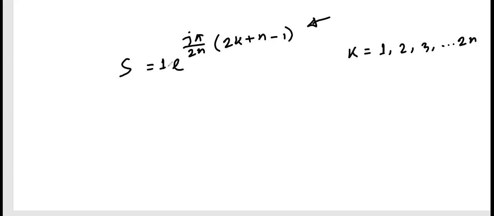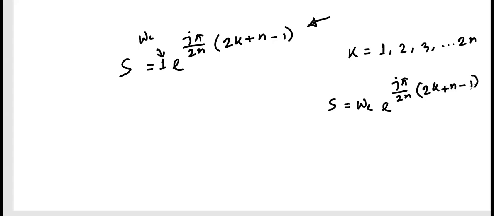The general equation can be found: s equals omega c, because the 1 should be replaced by omega c, e to the power j pi divided by twice n, (2k plus n minus 1). You need to understand that k is an integer value. If we are searching for the first pole, second pole, third pole, you need to change the value of k.